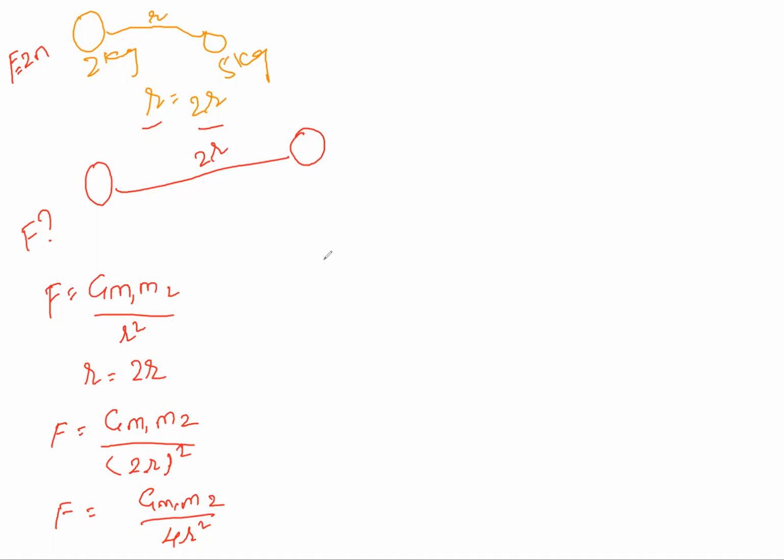Now I'm writing it here. So F equals 1 by 4th of G m1 m2 by r squared, where G m1 m2 by r squared is the initial force.